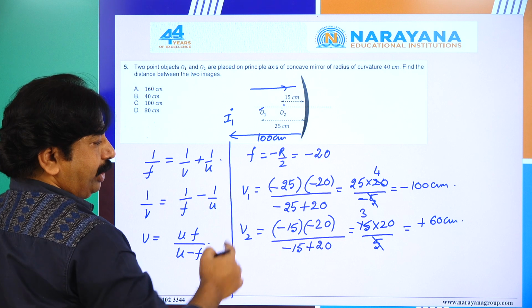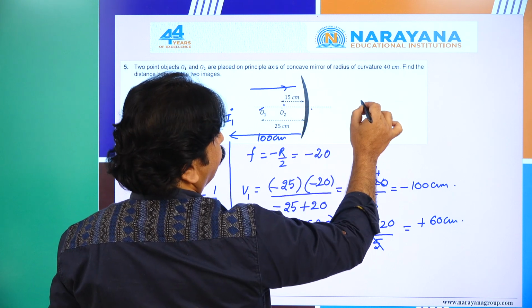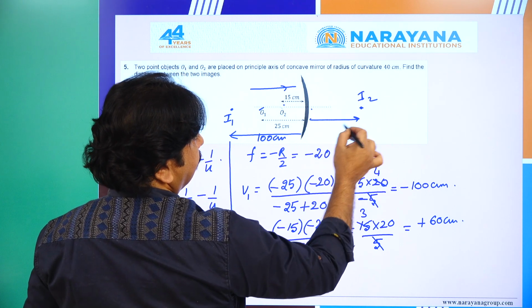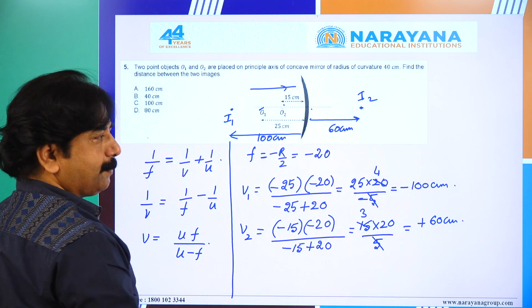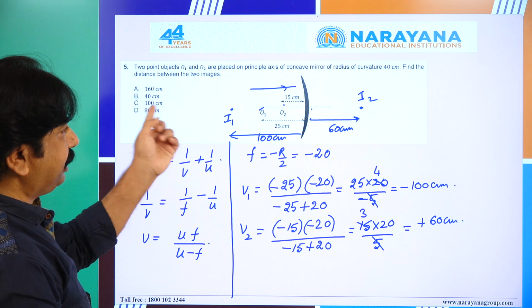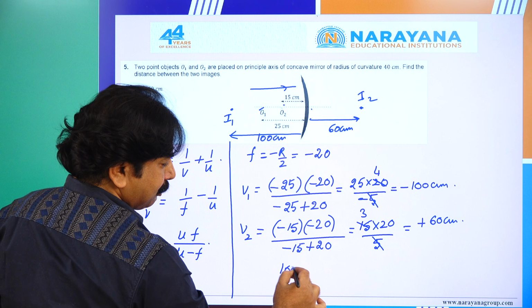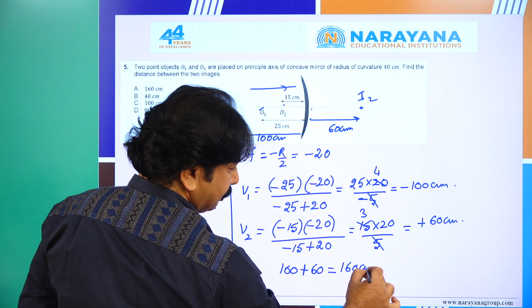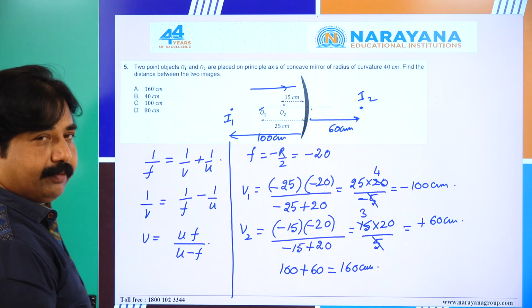While v2, the image of O2, that is I2 only. The distance of this one is 60 centimeters, since it is positive. Now the separation between I1 and I2 is nothing but 100 plus 60, 160 centimeters only. This is the fifth question.